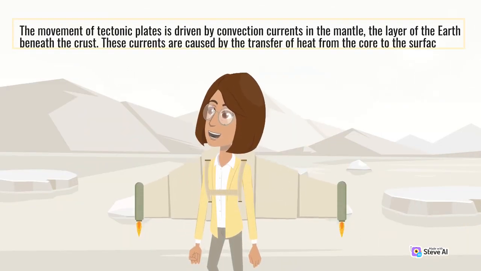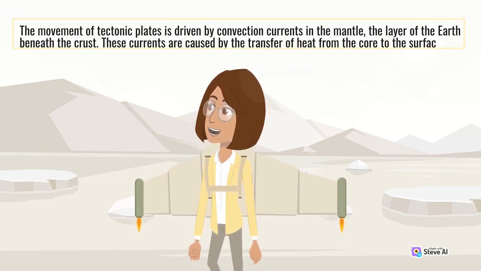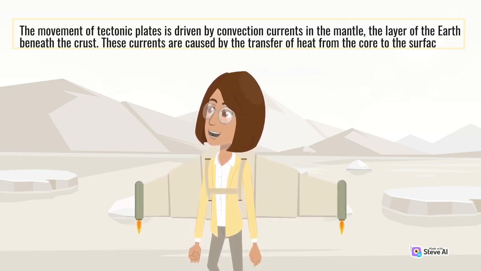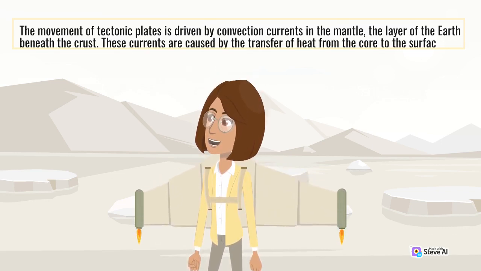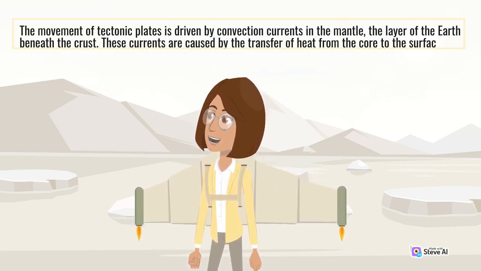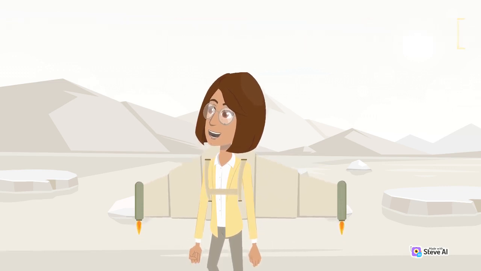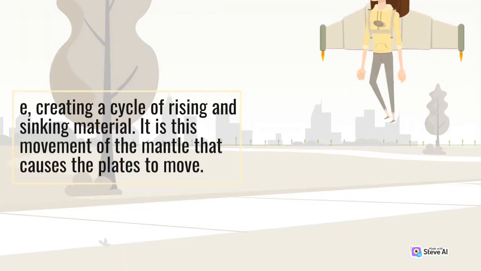The movement of tectonic plates is driven by convection currents in the mantle, the layer of the Earth beneath the crust. These currents are caused by the transfer of heat from the core to the surface, creating a cycle of rising and sinking material. It is this movement of the mantle that causes the plates to move.